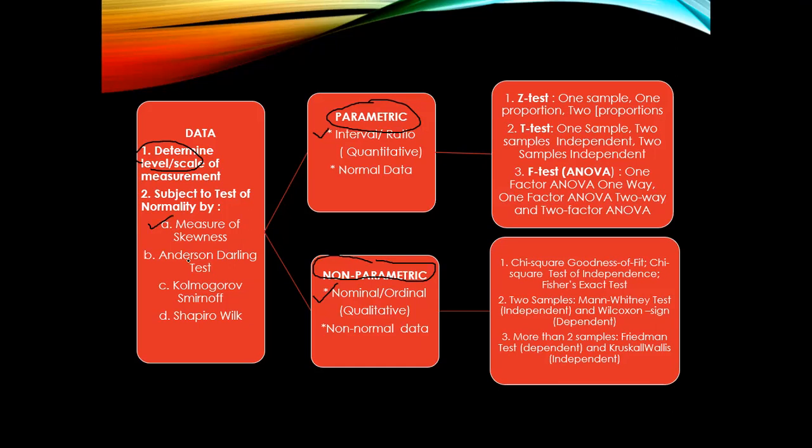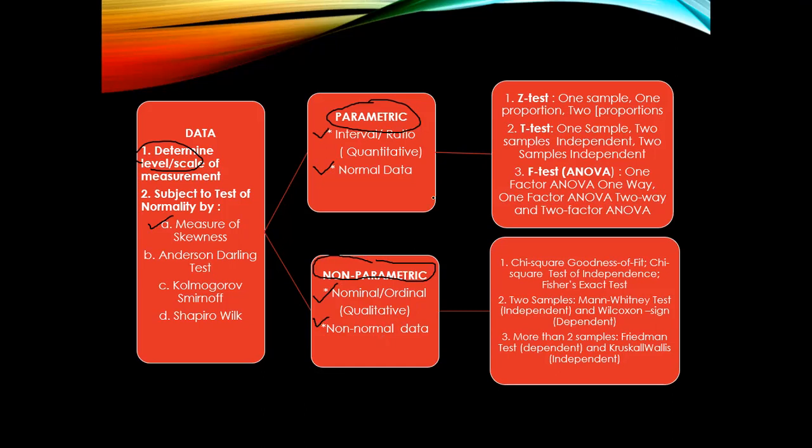Pag normally distributed po ang data, gagamit tayo ng parametric. Okay, so dalawang condition ang kailangan niyang isatisfy sa parametric, quantitative and at the same time normally distributed. Okay, so kung ang measure of skewness indicates that your data is not normally distributed, then we use non-parametric method. Okay, so under non-parametric, ang variables natin are either nominal or ordinal and hindi normally distributed ang data.